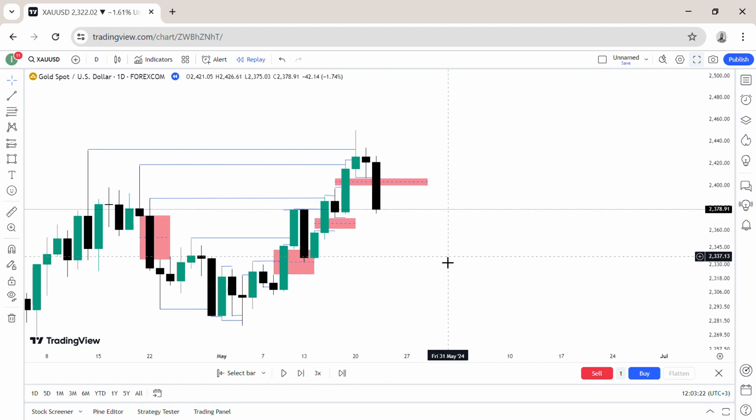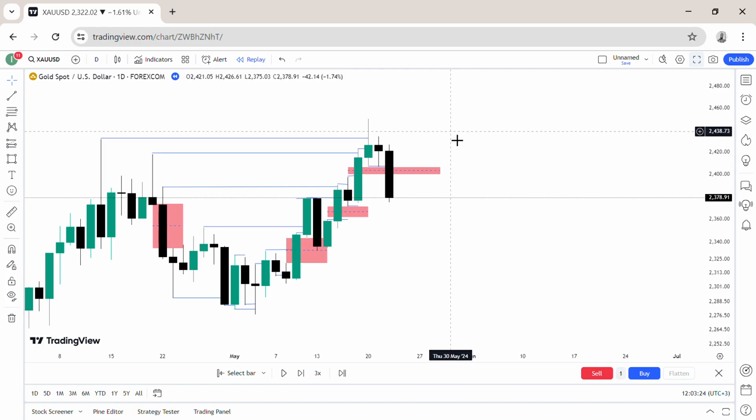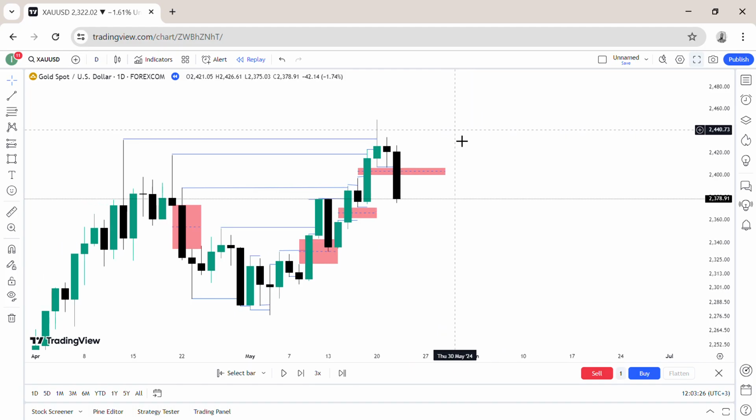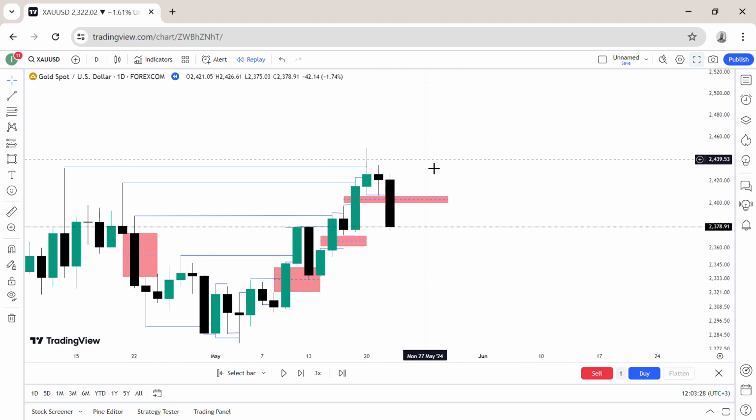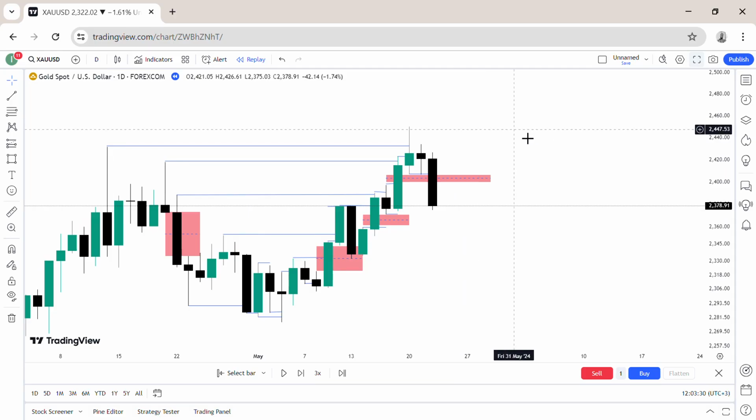Good. Okay, so this is how to tell your bias the next day. Let me tell you guys, if you master candle science, trust me, you look at forex trading in a simple way.